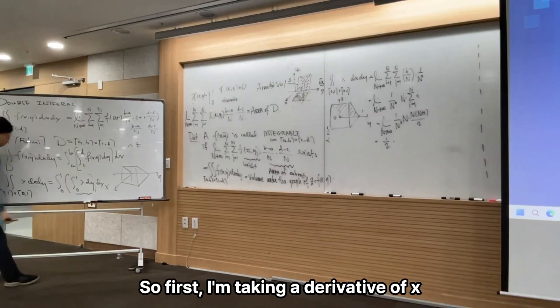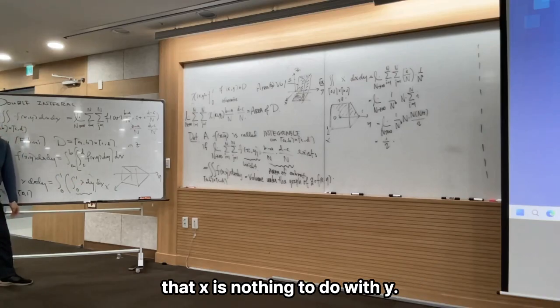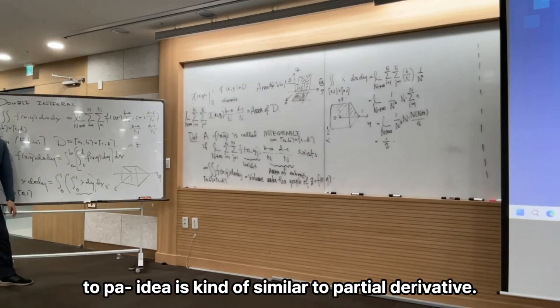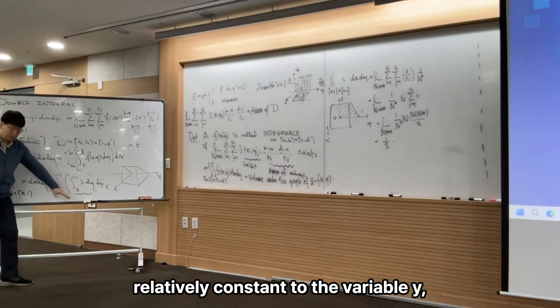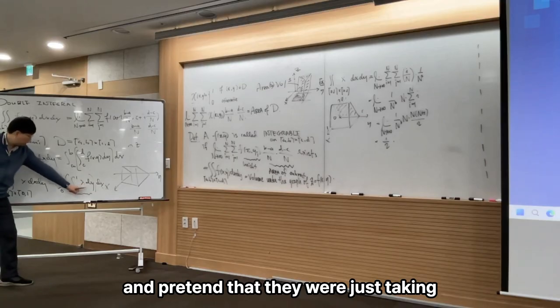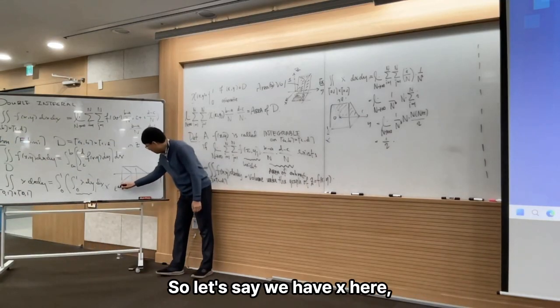So first, I'm taking an integral of x in terms of y from 0 to 1, pretending that x has nothing to do with y. The idea is kind of similar to partial derivative. We consider x to be constant relative to the variable y, and pretend that we're just integrating a function of y. So let's say we have x here.